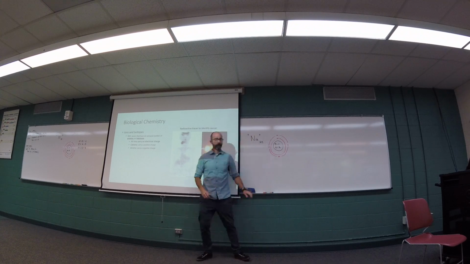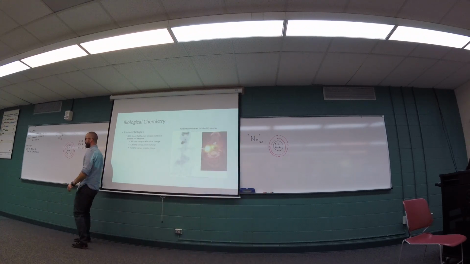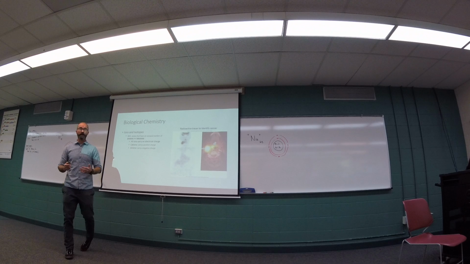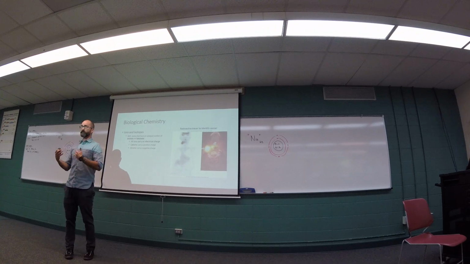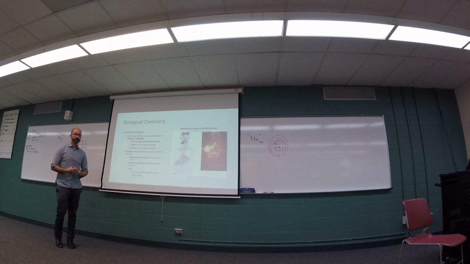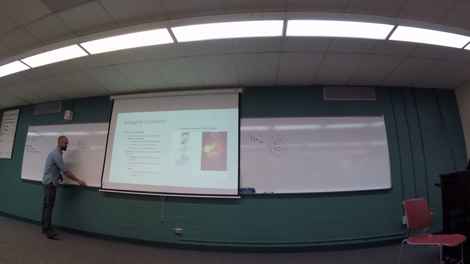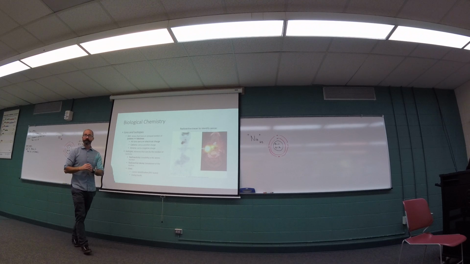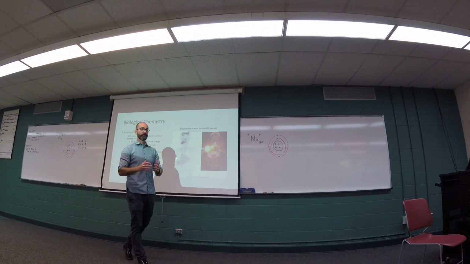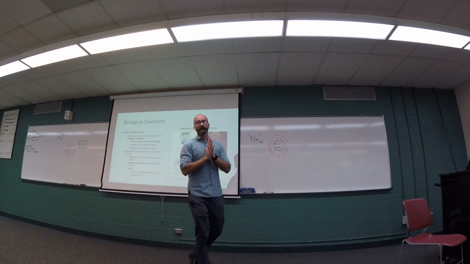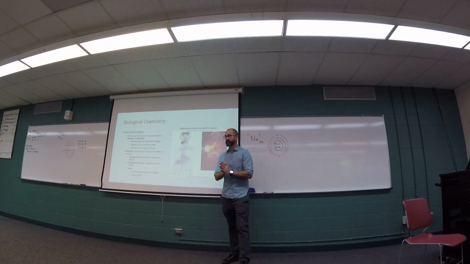Now there's another variant of an atom, and that's called an isotope. Isotopes are cool because we actually use them quite frequently in medicine. So an isotope is any atom that varies with respect to its neutrons. A really, really common isotope is carbon-14.